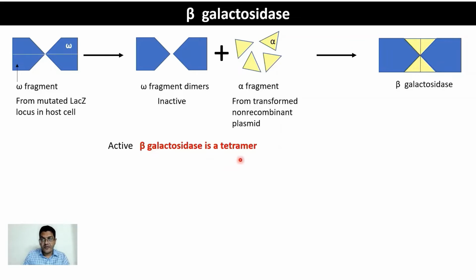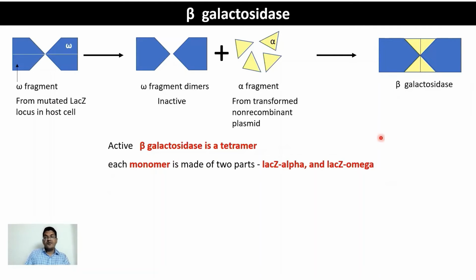Active beta-galactosidase is a tetramer. As is shown here, there are 4 omega fragments and 4 alpha fragments that join together to form the functional beta-galactosidase. Right? Each monomer is made up of 2 parts, the lacZ alpha and lacZ omega. So in the non-recombinant transformants, the omega part comes from the host cell, the alpha part comes from the plasmid, and the 2 combine together to give you a functional beta-galactosidase. Right?